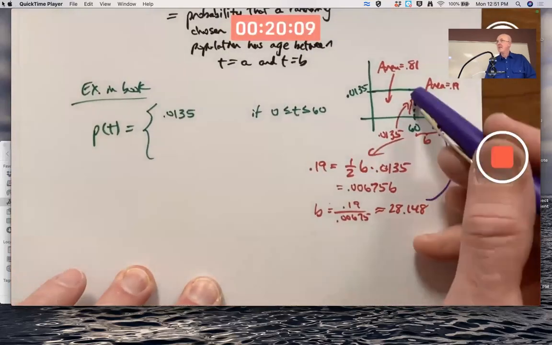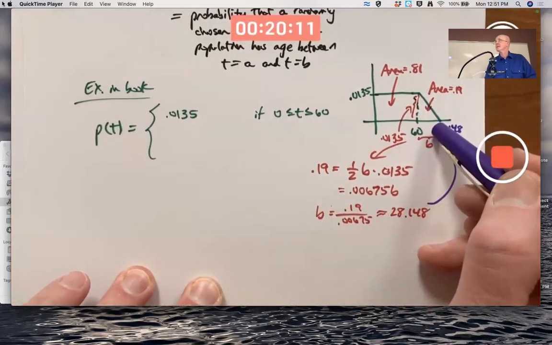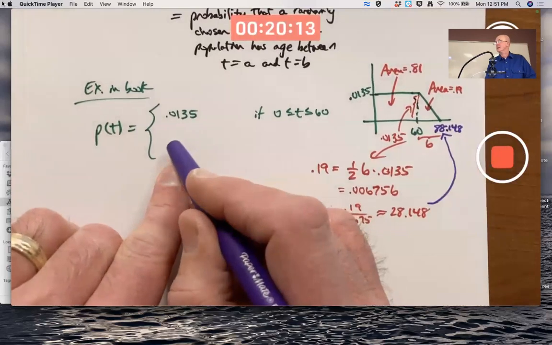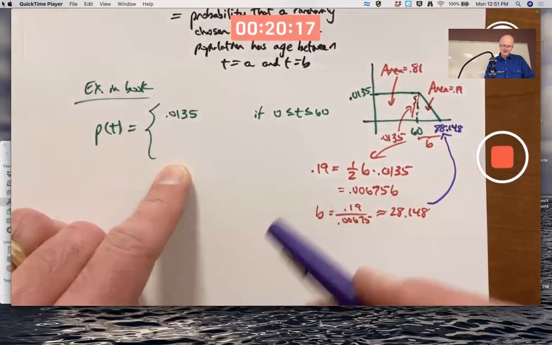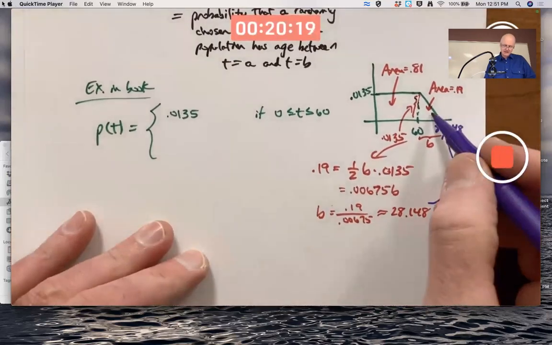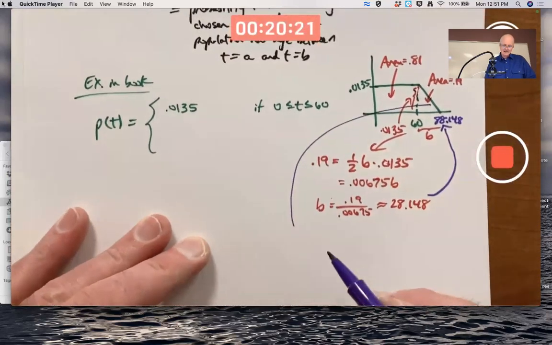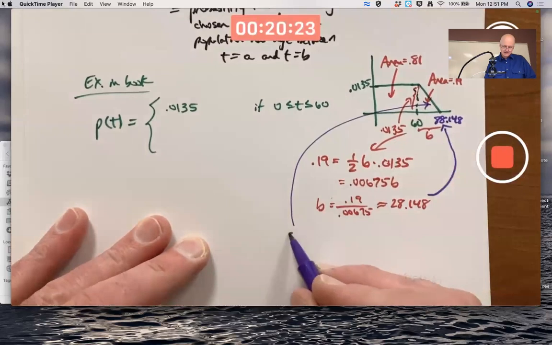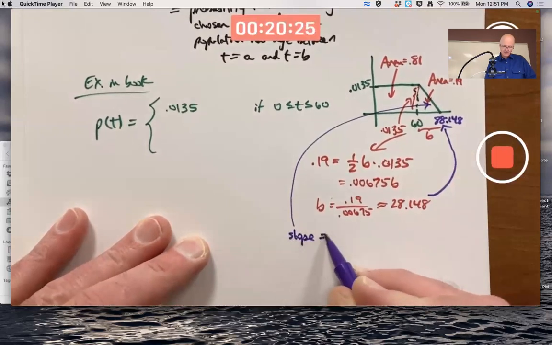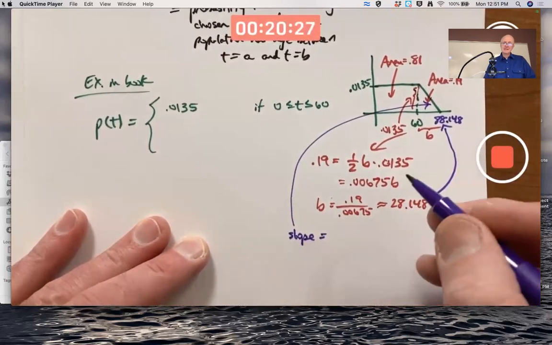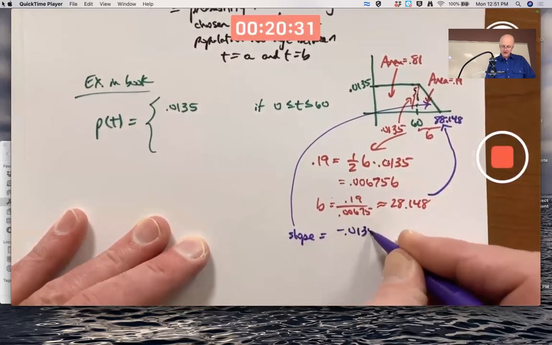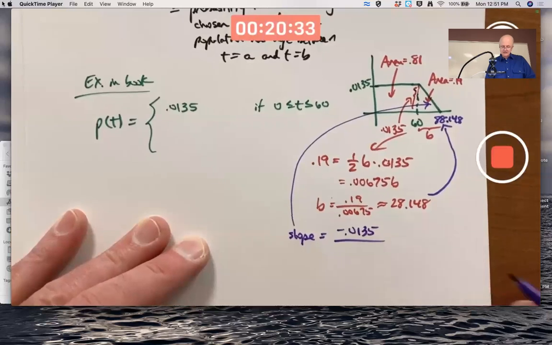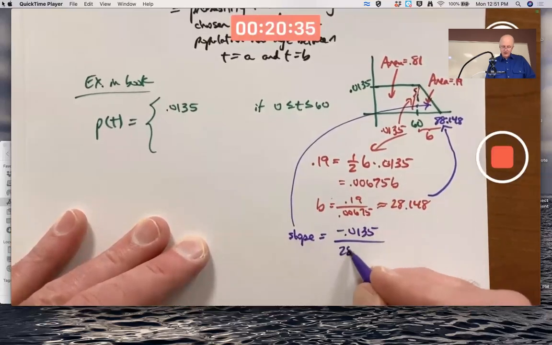What's the formula for that line? I need it for the formula for the PDF, right? So I need to find its slope. The slope of this line is rise over run. The rise is negative, it goes down by negative 0.0135, right? And the run is the value B, 28.148.